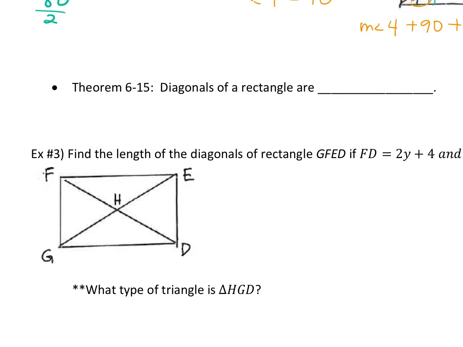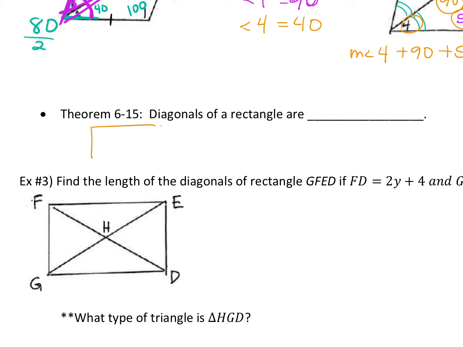Here's the thing, we know that the diagonals of a parallelogram bisect each other, right? So these are the same and these are the same. But now, when it's a rectangle, they're all the same, right? The diagonals of a rectangle are congruent, okay?